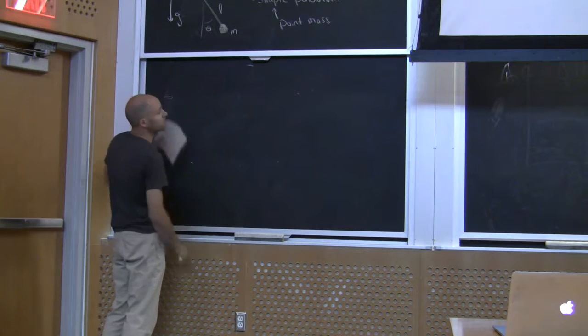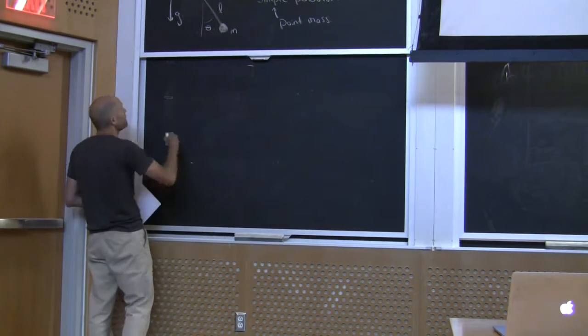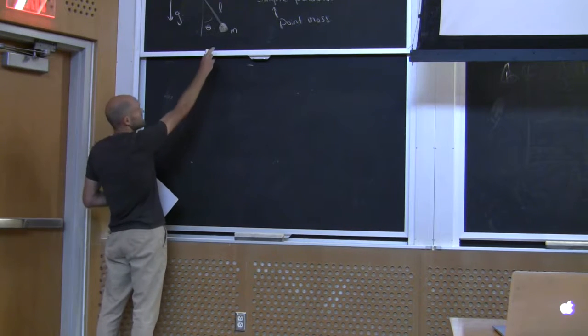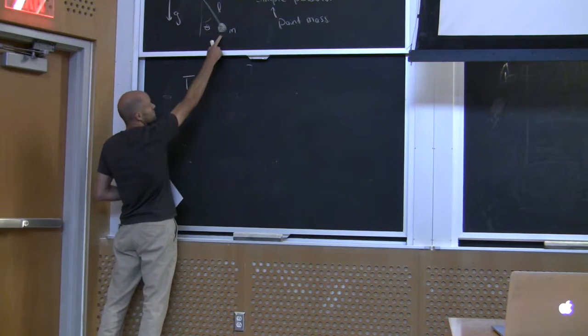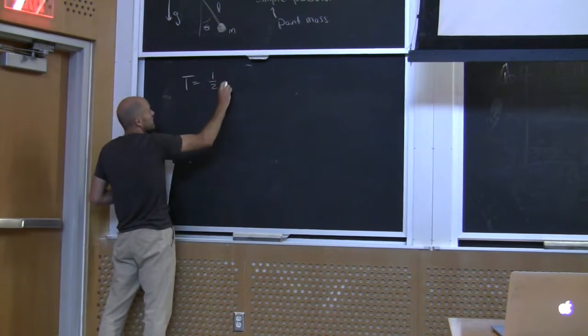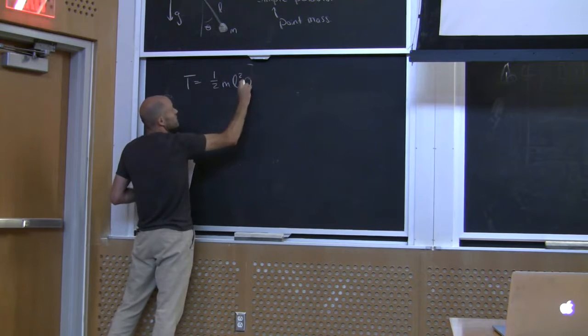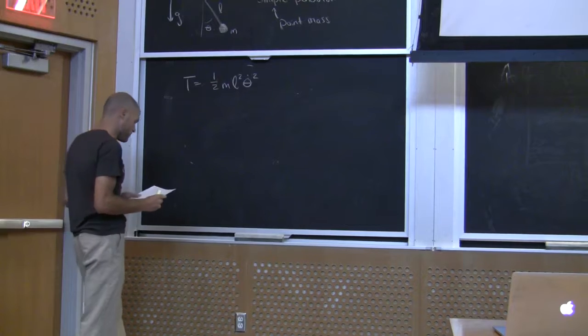Okay, so the great thing about the simple pendulum is that the equations of motion are trivial, right? So you can easily write the total energy of the system. If you just know the velocity of the mass, that's enough. If you work it out, 1/2 m l squared theta dot squared is the total kinetic energy.